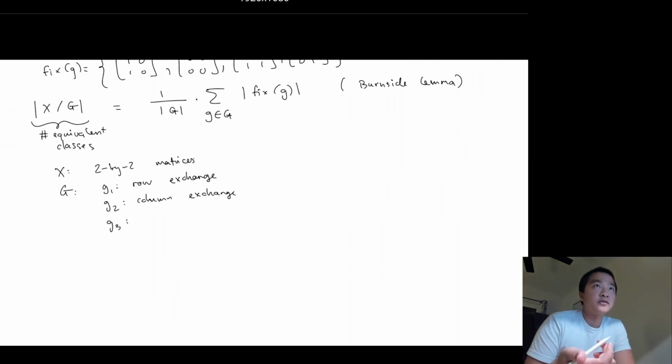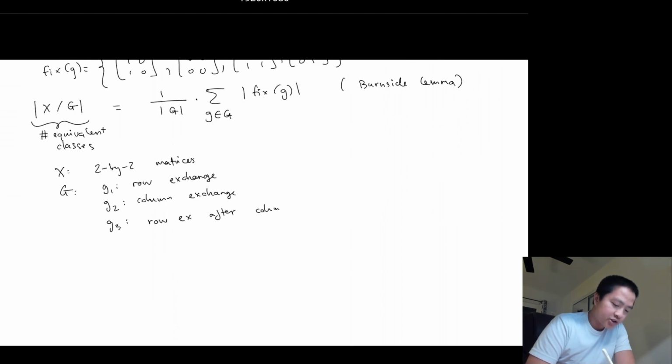So you can do a row exchange after column exchange. G4, yeah, I think these are the same. Or you can do column exchange after row exchange, but the effect would be the same.